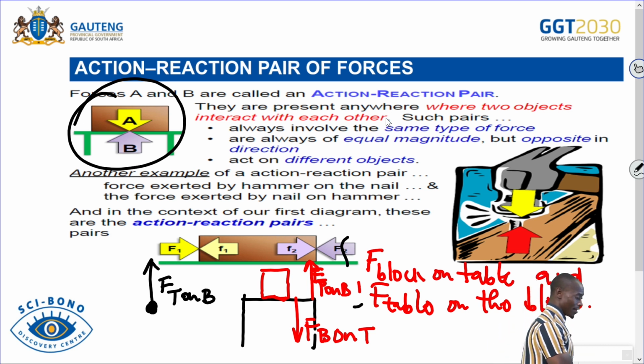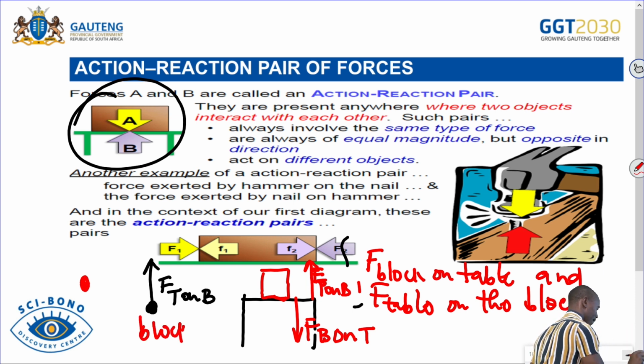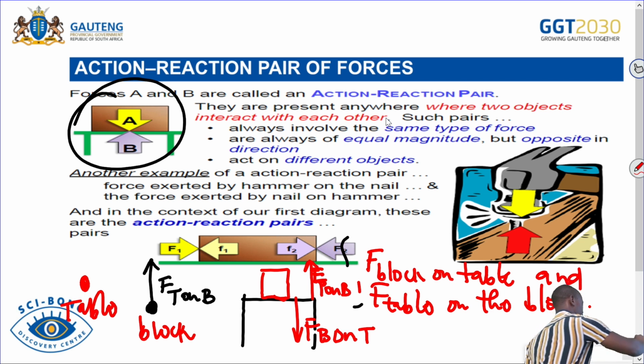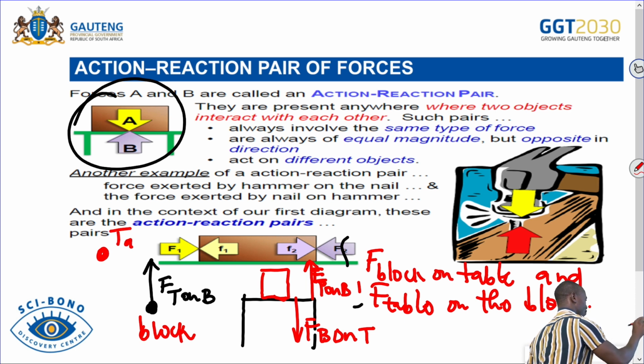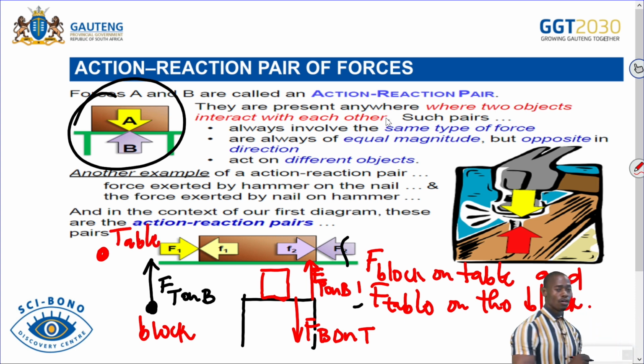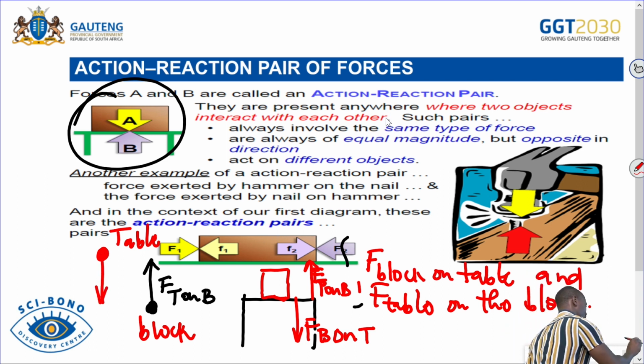Then, if this is the block, and this is the table, let me write it up there. The dot represents the table. So the force exerted by the block on the table is acting downwards.